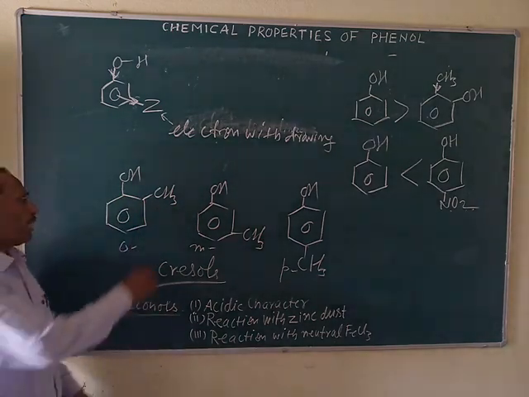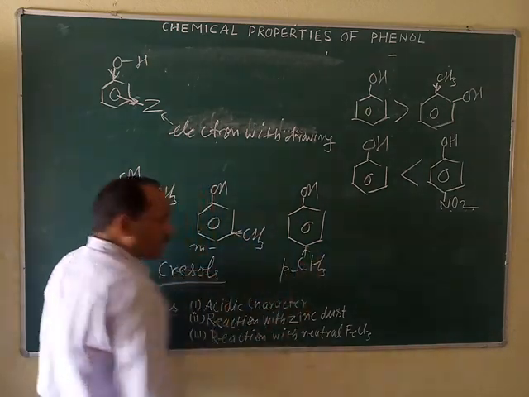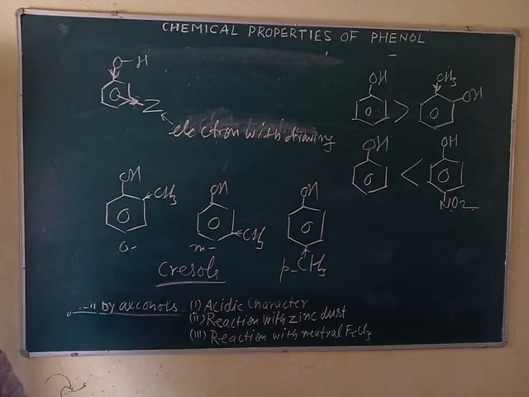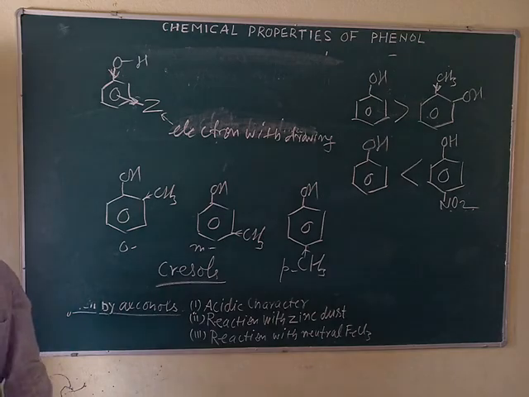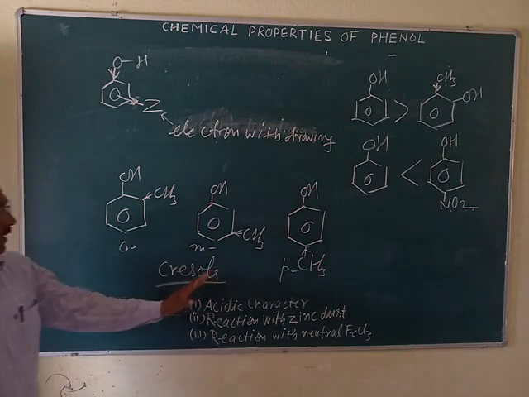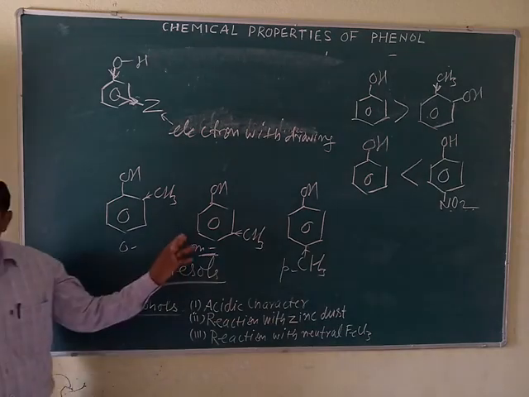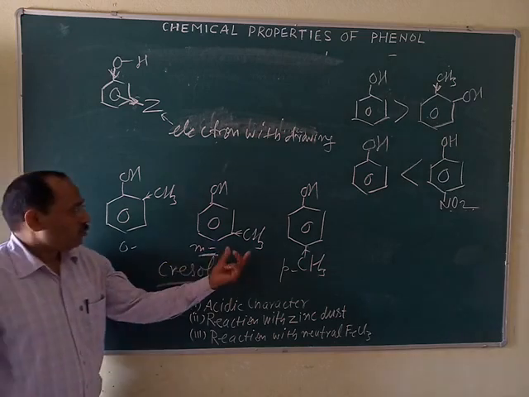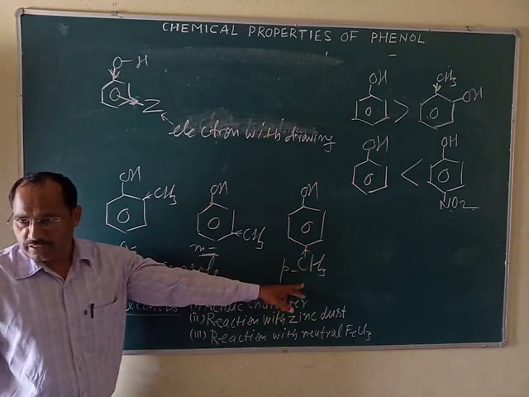Since the methyl group is an electron donating group, it decreases the acidic strength, and its effect is maximum at ortho and para positions. That's why paracresol becomes least acidic because it decreases the acidic strength most.